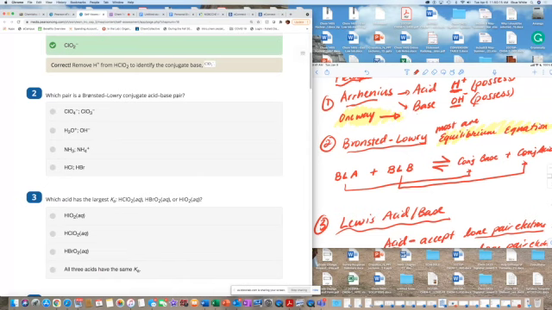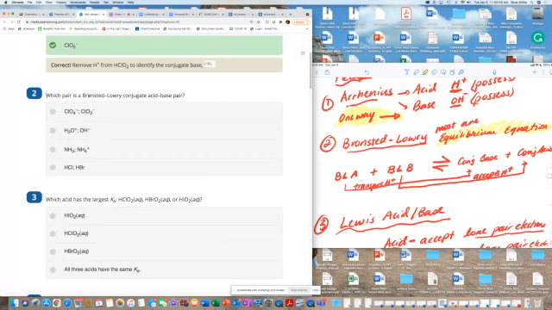Remember, the acid is the one that loses or transfers, whatever term they use, transfers H plus. This other one here accepts H plus, right? So when you're looking at the pair, the before and the after, the reactant and the product, those are called Bronsted-Lowry conjugate acid-base pair.